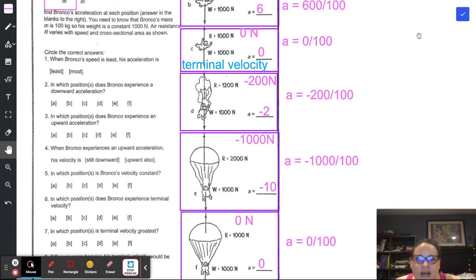If you have two skydivers falling together and then suddenly one opens their parachute, they slow down, and the person that did not open their parachute did not slow down. So it looks like they went up when in fact they're just going slower.